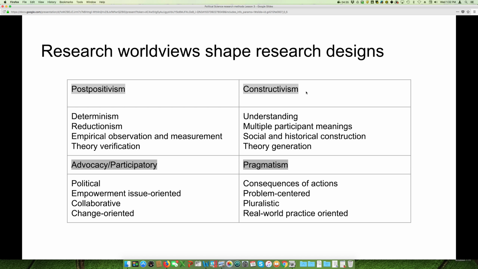Constructivism is a worldview that suggests that how people experience phenomena really depends on how they understand both their place in the world, as well as whether or not past institutions, laws, and other political processes have worked to their advantage.